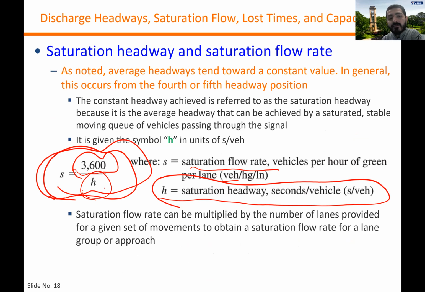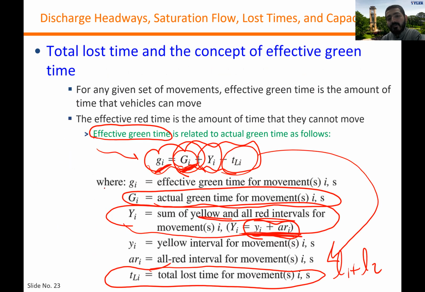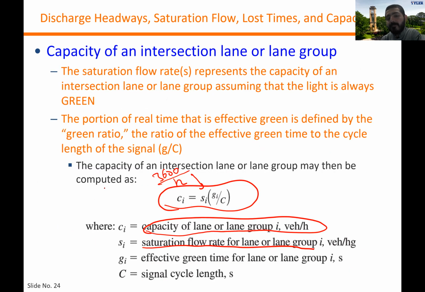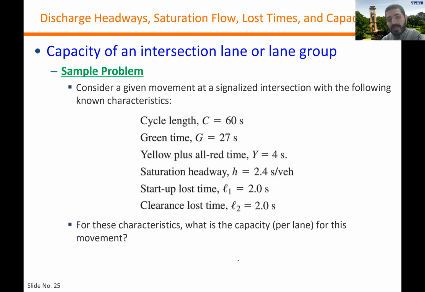That's not the case, because there is a lot of lost time going on, and that's why we multiply the saturation flow rate by this ratio, which is the effective green time over the signal cycle length.